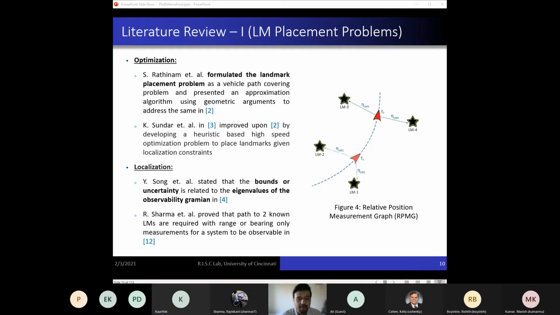For localization, Y. Song et al. and R. Sharma et al. prove that we need path to 2 known landmarks at all times for a system to remain observable. Observability is a measure of how well the internal states of a system can be inferred from the knowledge of the system's external output, that is, its current states and control efforts.